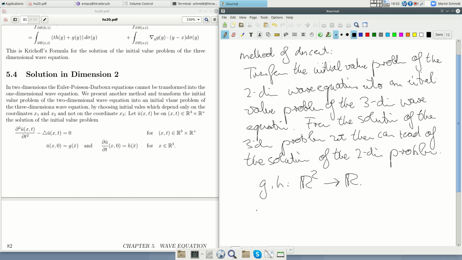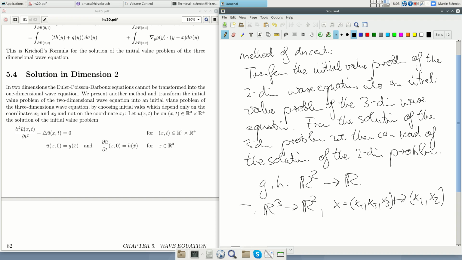We define a map, and we call it bar, which goes from R3 to R2. x, which has the components x1, x2, x3, is mapped to just taking the first two components.